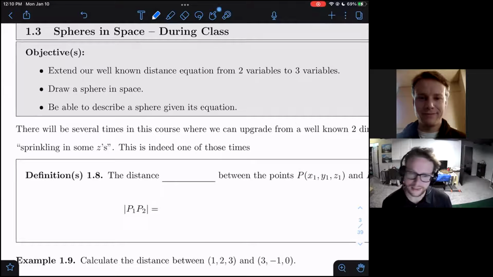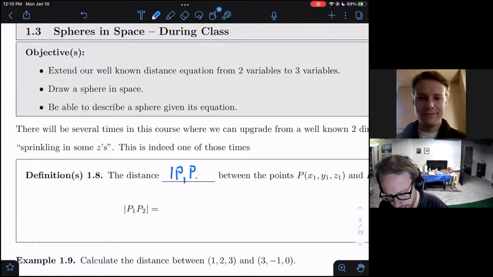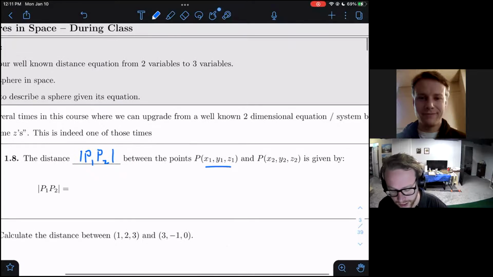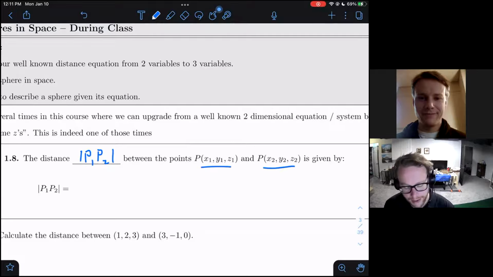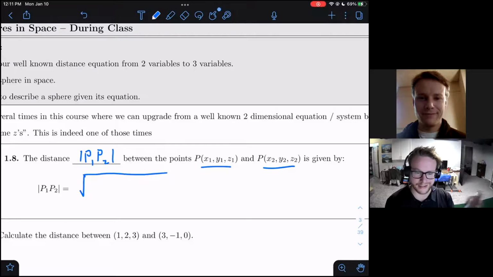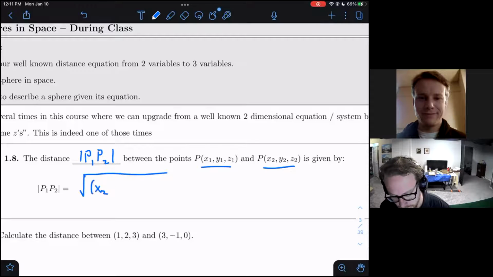So first I need to give you a distance equation. Remember that the equation for a circle, and likewise the equation of a three-dimensional circle, aka a sphere, is going to be based on the distance equation. So the distance between two points, P1 and P2, that have coordinates x1, y1, z1 and x2, y2, z2, is given by, and you can imagine back from your algebra days, when you just had the two-dimensional coordinate system, x's and y's, it used to be something like this: x2 minus x1 quantity squared plus y2 minus y1 quantity squared.